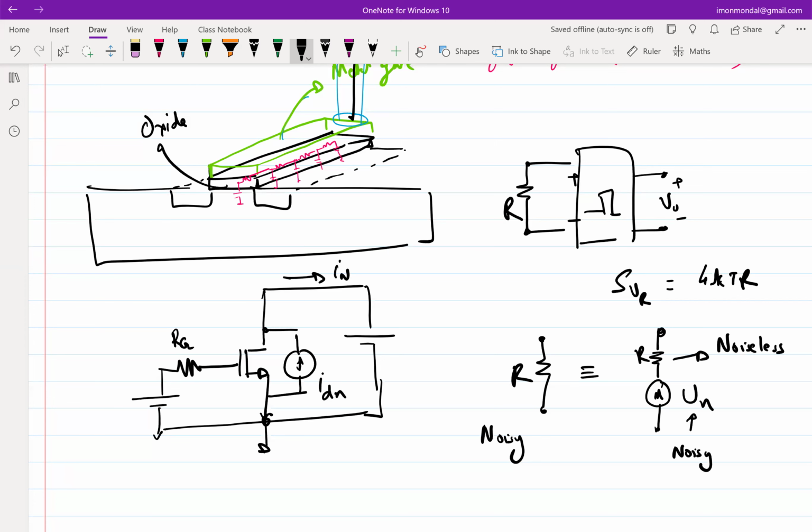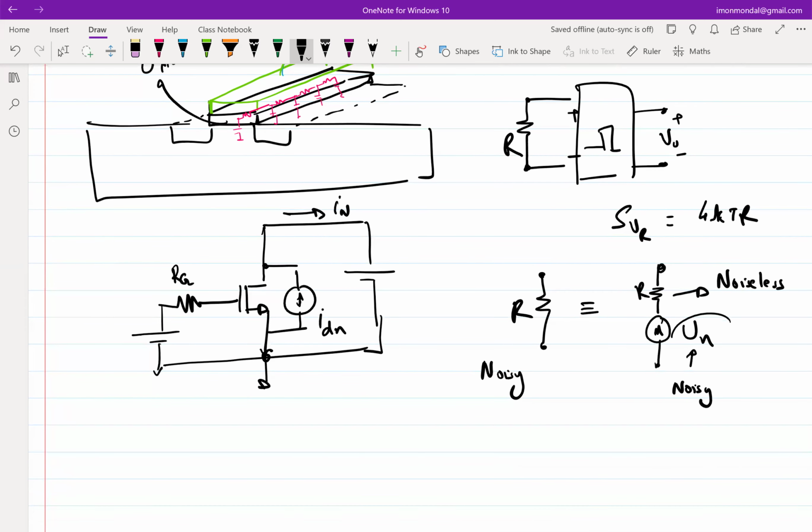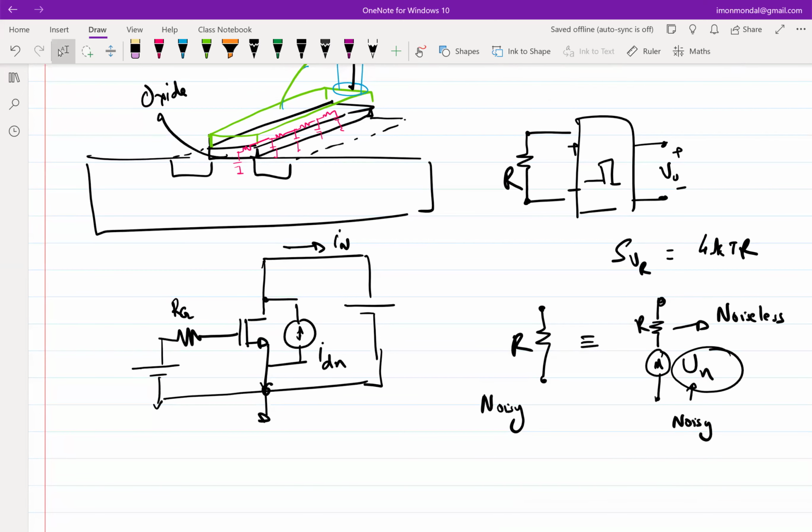So if I want to do that, what should be the power spectral density of Vn? Power spectral density is independent of bandwidth. To find the equivalent of these two models, what experiment are you going to do?